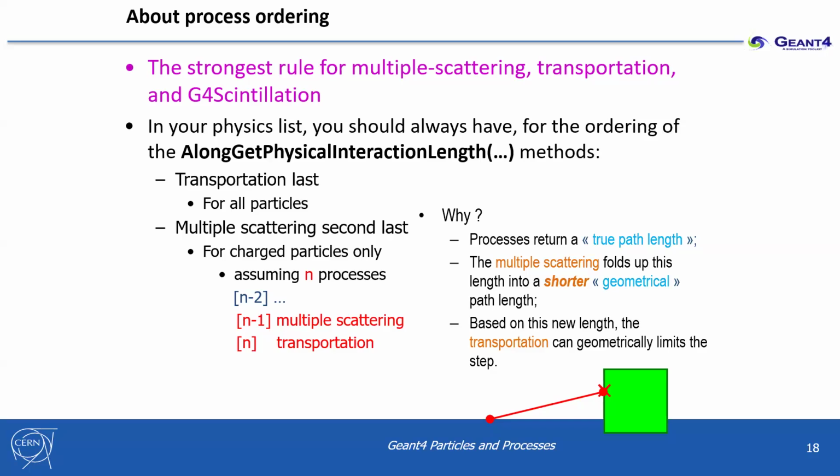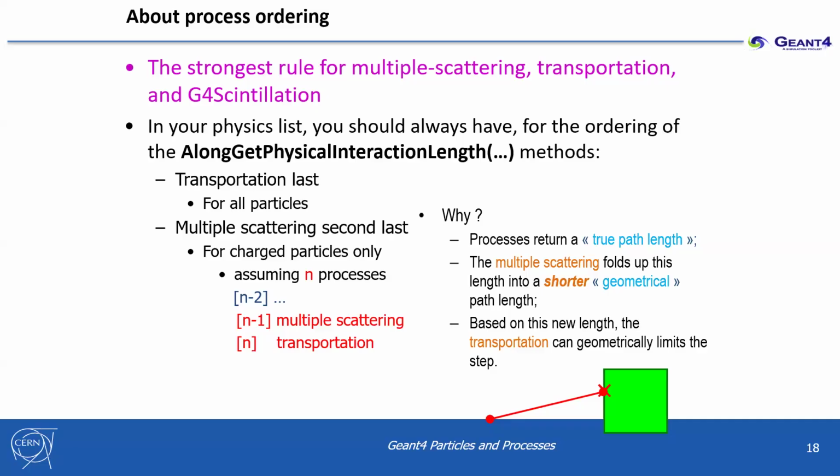And more or less reasonable tracking is achieved in this order of processes, when the step limit is defined by physics processes, multiple scattering and transportation.